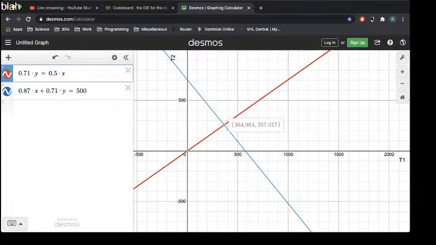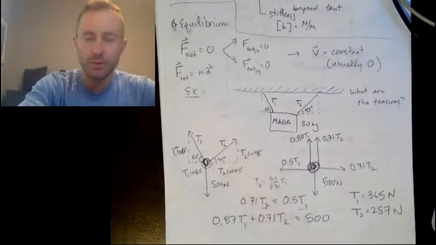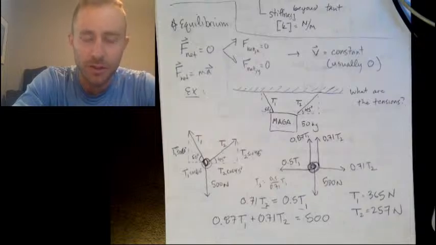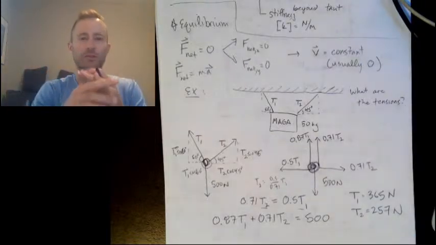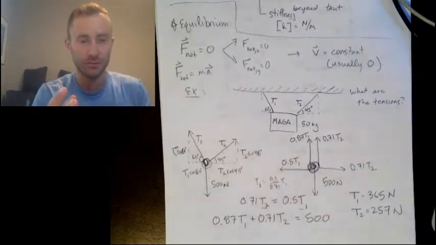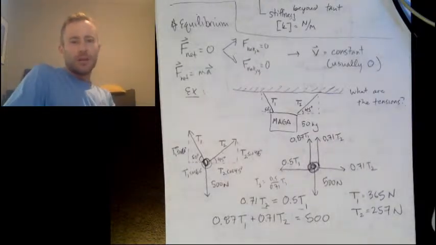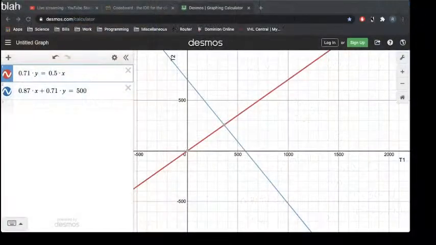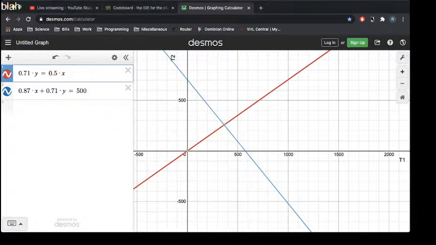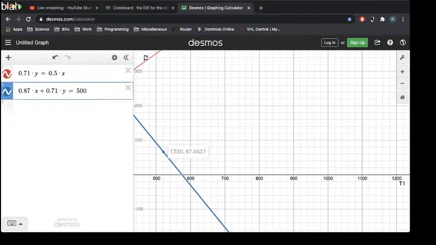Okay? So that is a graphical way to solve these. Probably the best way is to use a calculator, because the graphical method only works if you have two unknowns.